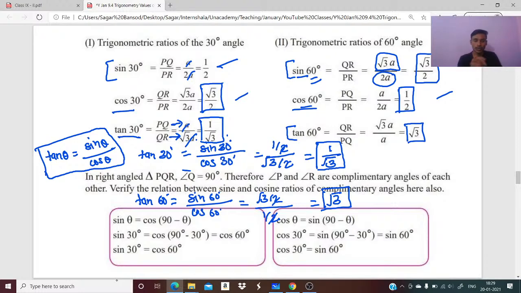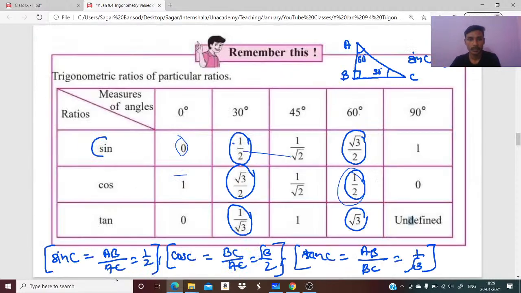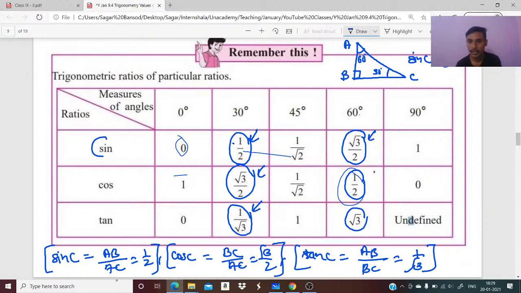In this way we have found out the sine, cos and tan ratios for 30 degree and 60 degree. So in this table we have found out the sine of 30 degree, cos of 30 degree, tan of 30 degree, and also the sine of 60, cos of 60 and the tan of 60 degree.